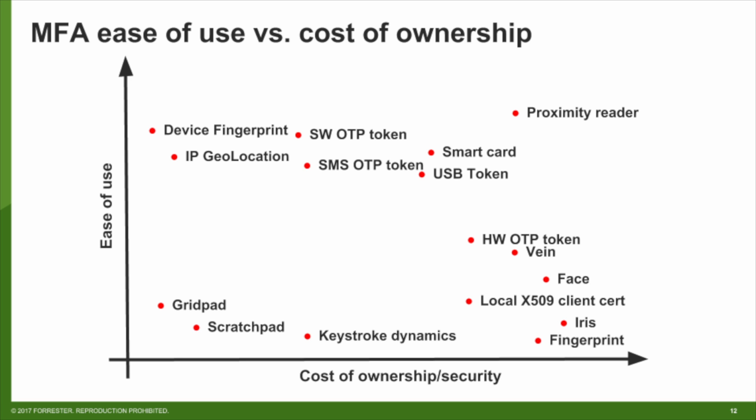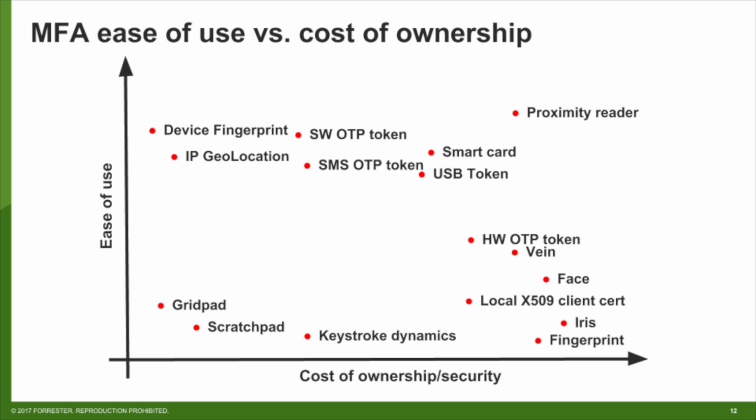But that obviously means that even if the device is lost or stolen, it may still be able to be authenticated. So the security is a little bit lower. And things that provide higher levels of assurance, like, say, biometrics or a PKI certificate, generally provide a higher level of security, but with that comes a higher cost of ownership.